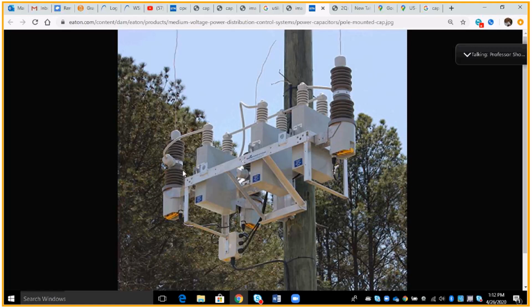You see one's over here slightly hidden, 2 and 3. Notice underneath, this is a newer unit right here. You have a manual open and close handle. Some of the older units on the bottom right here do not have this handle. They'll have a green or red flag. All right, green means open, red means closed.